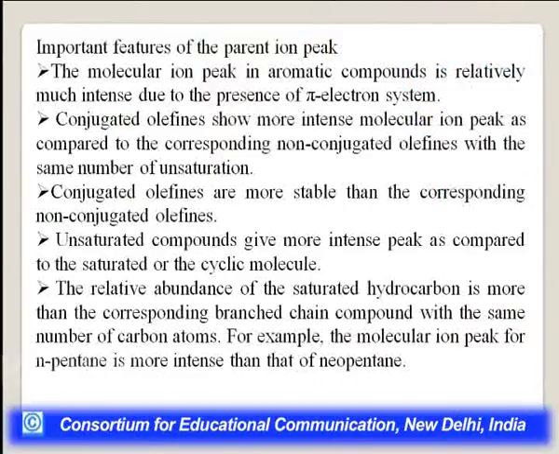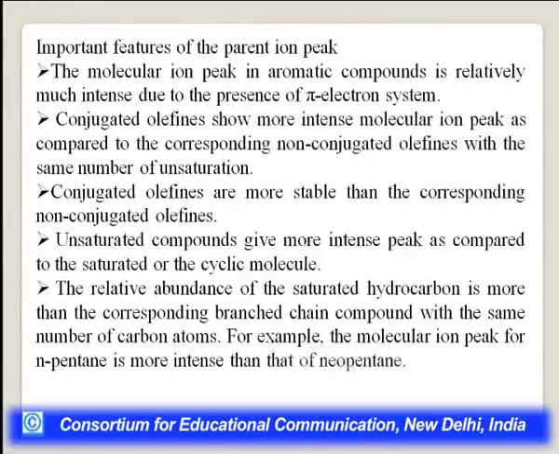We must remember that the molecular ion peak in an organic compound is relatively much more intense due to the presence of a pi electron system. Conjugated olefins, that is the compounds containing alternate single and double bonds, show a more intense molecular ion peak as compared to the corresponding non-conjugated olefins with the same number of unsaturations.